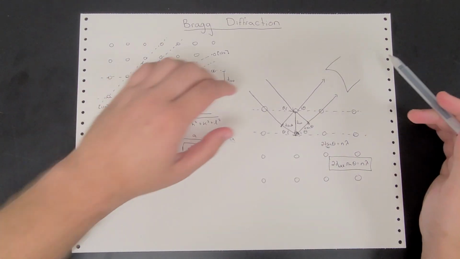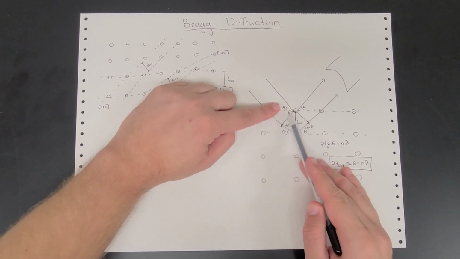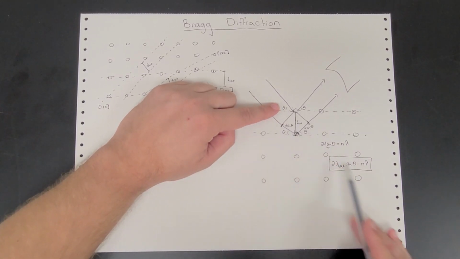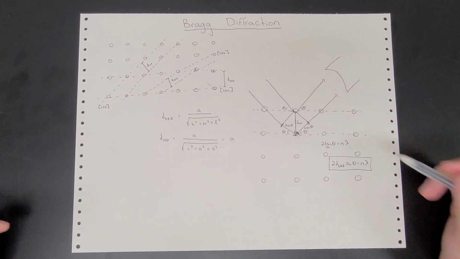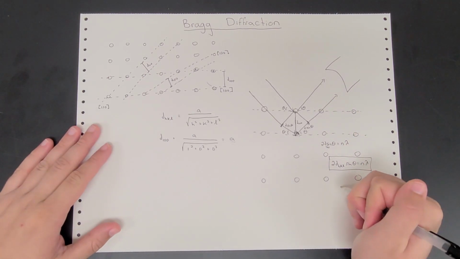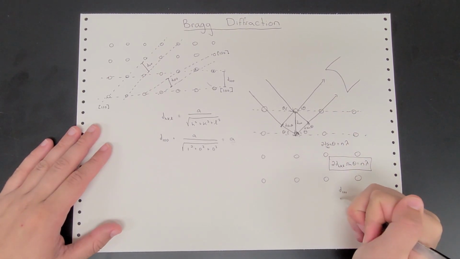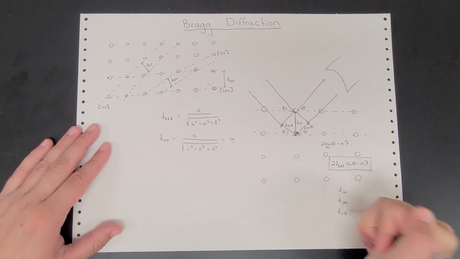At that maximum voltage signal, we'll record this incident theta, and then use that theta to calculate our interatomic spacing. When we do this for the various planes, we'll have a value for d_100, a value for d_120, and a value for d_110.